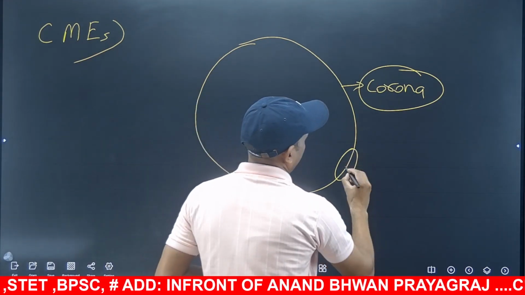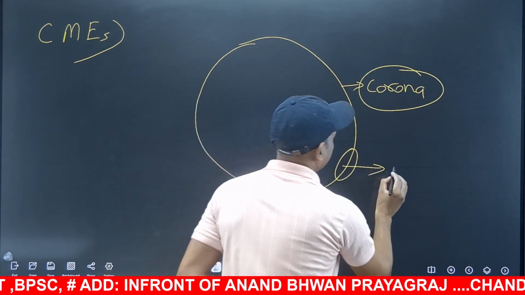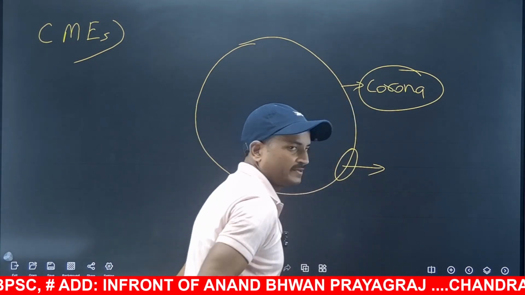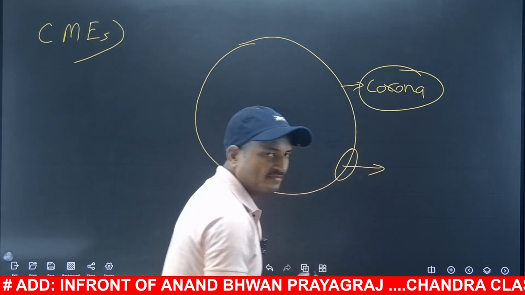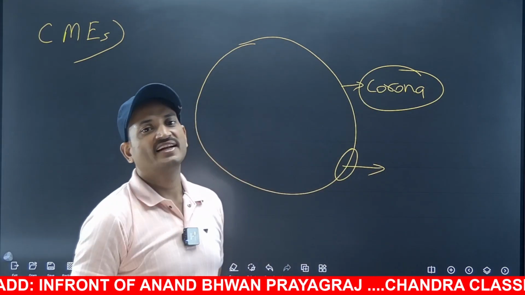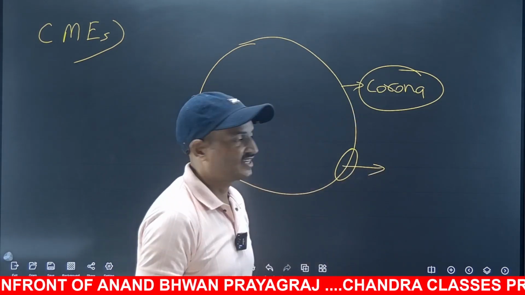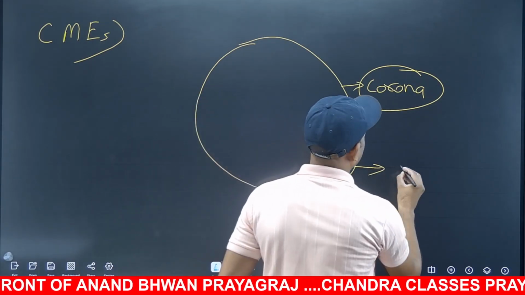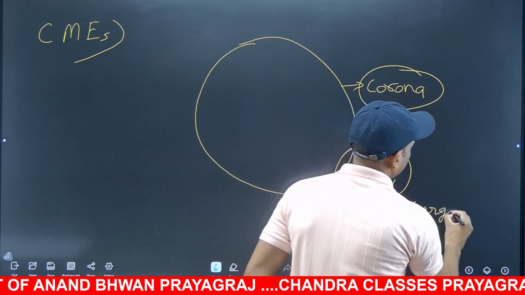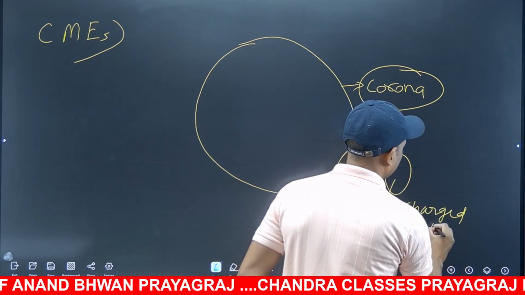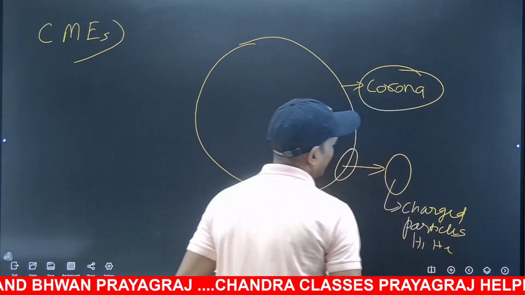So certain mass gets ejected from the corona towards space. And in that mass, what remains is plasma, plasma of hydrogen and helium. So this mass contains charged particles: hydrogen, helium, etc.